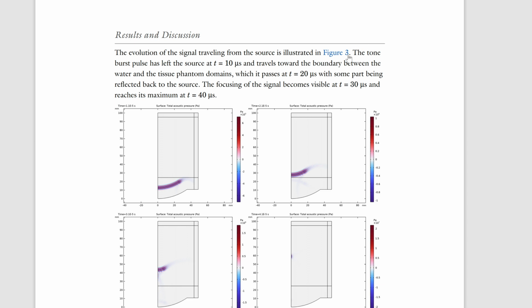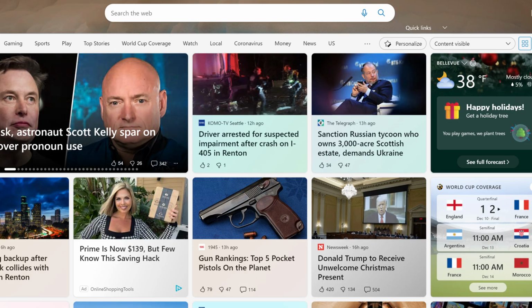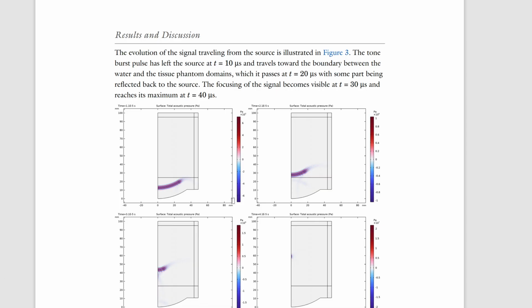Okay, let's keep reading. The tone burst pulse has left the source at time equal to 10 microseconds. Okay, yeah, so 10 microseconds, right here.